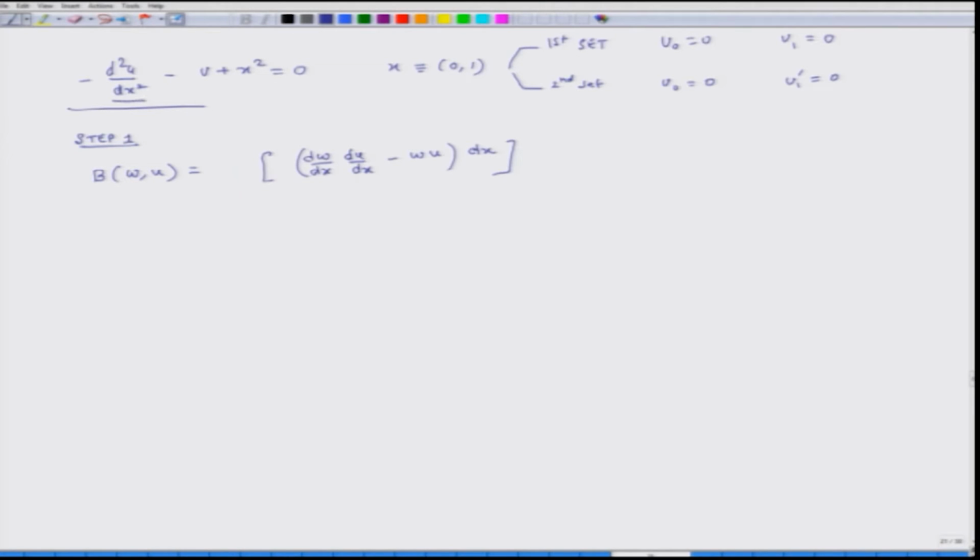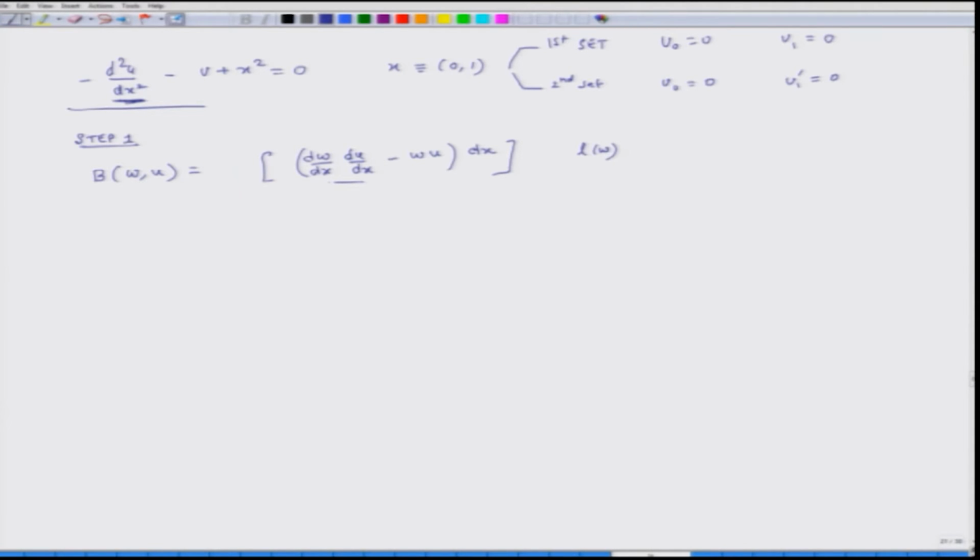Basically, we are multiplying the error with a weight function W and integrating this thing by parts. So, we get this thing, and then this u corresponds to W times u. So, this is the bilinear functional associated with this differential equation.